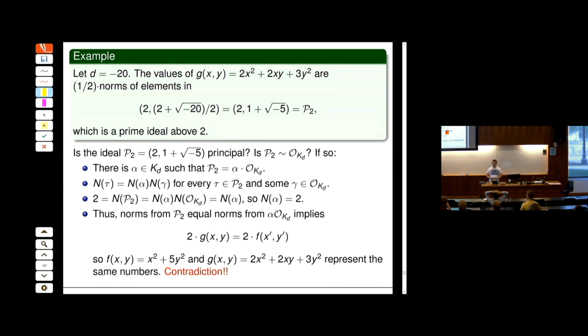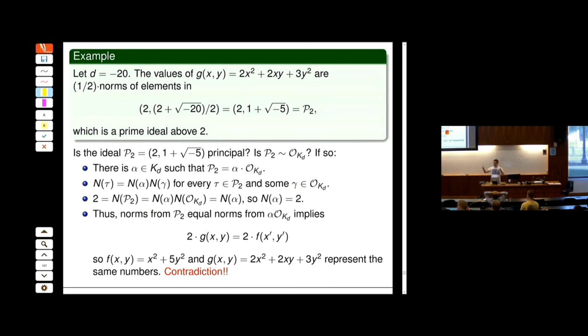Okay, so I'm going to stop here, and next time what we will do is use this to go the other way around. If now I have an ideal, can I figure out is it principal or not principal? Here I proved that it's not principal, but I'm going to be able to find, if I have a class group and a bunch of classes, in what class is my ideal?